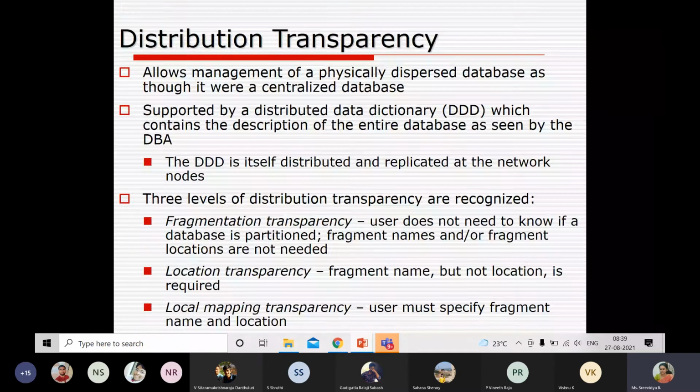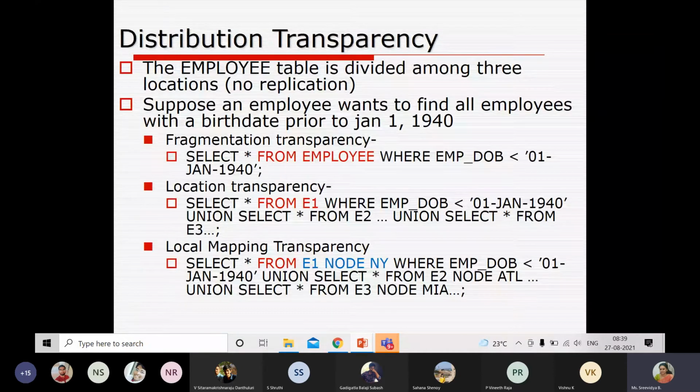In distribution transparency, there are 3 different levels. The strongest one is fragmentation transparency, and the weakest, most loosely coupled one is local mapping transparency.